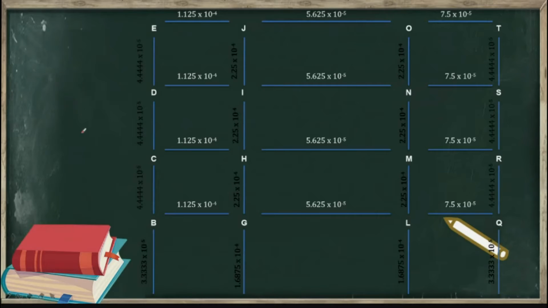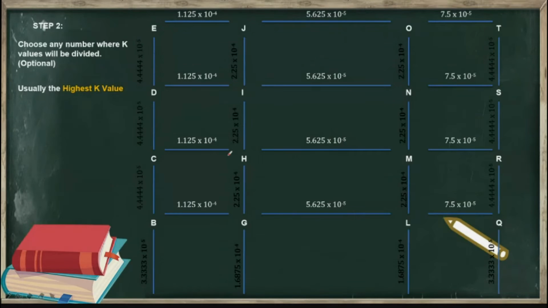For step 2, this next step is optional, since we may choose any number by which the K values will be divided. To reduce the numbers and make them shorter to look at, we divide by the highest value of K, which is 7.5 times 10 raised to negative 5.